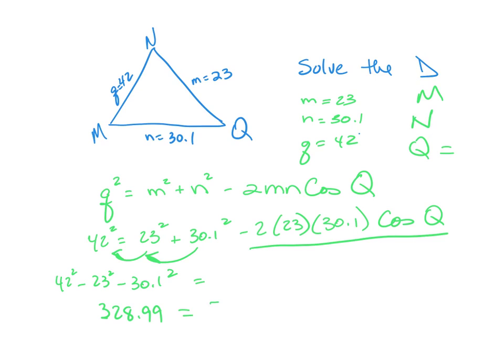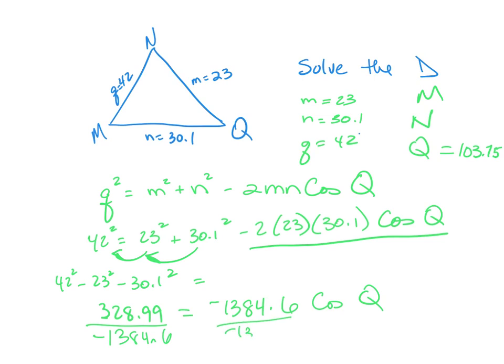Negative what? 1384.6. Cosine of q. So when we put this in, we divide by negative 1384.6 on both sides. And then we do the inverse cosine of that fraction, and we get 103.75.